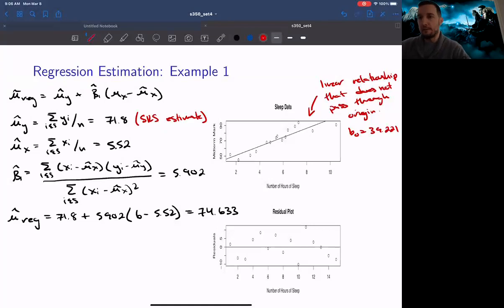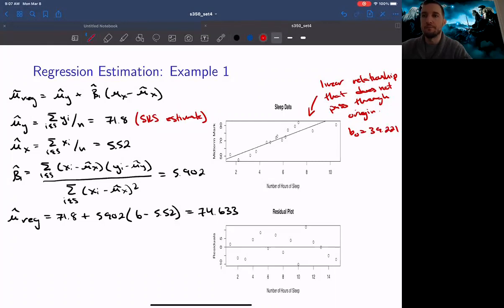Regression estimation differs from ratio estimation as it incorporates an intercept term into the estimation equation. Ratio estimation essentially assumes that you have a straight line model that describes the relationship between the response variable and the independent variable, or the explanatory variable, but that straight line relationship must pass through the origin.